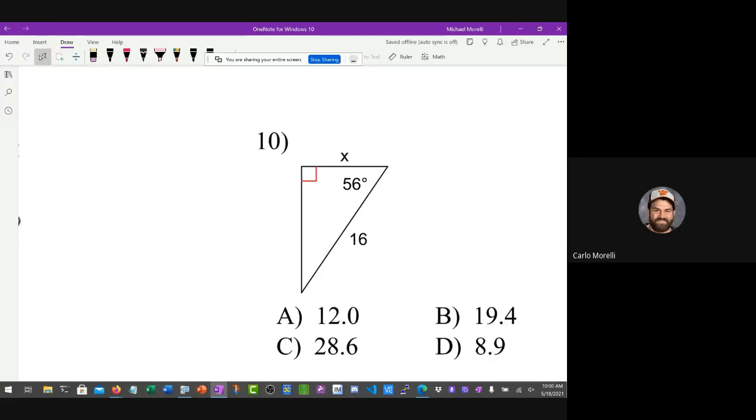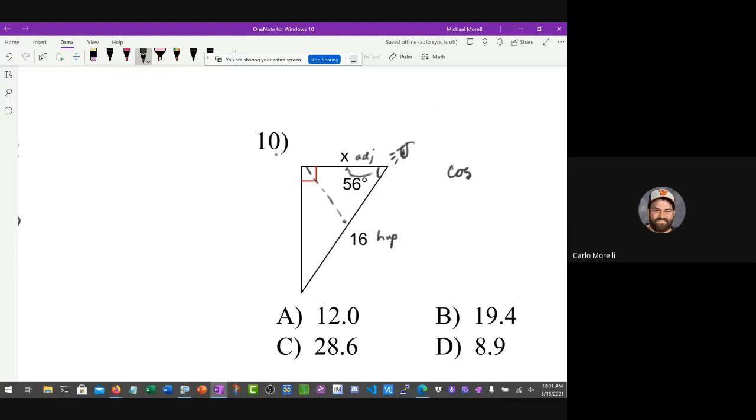And finally, number 10, we've made it to the end. Put the eyeball in the top right at 56 degrees. So from the perspective of the 56, that x is the adjacent side, and the 16 from the perspective of the right angle is the hypotenuse. So the trigonometric function that deals with this is the cosine function.